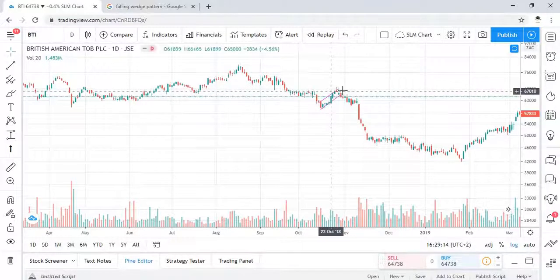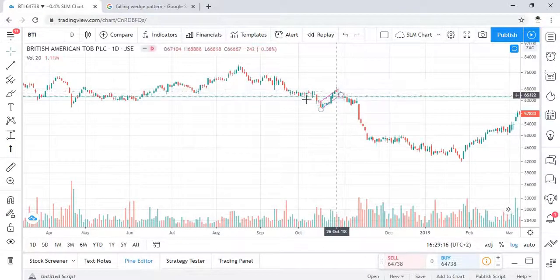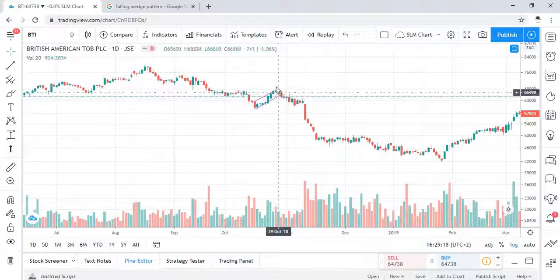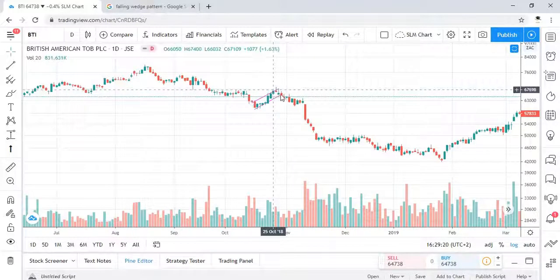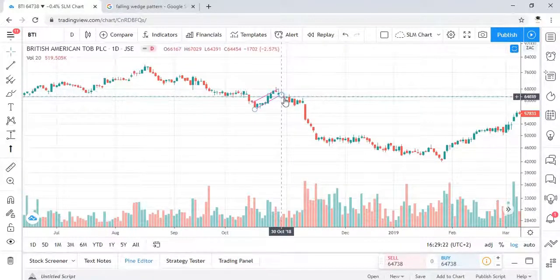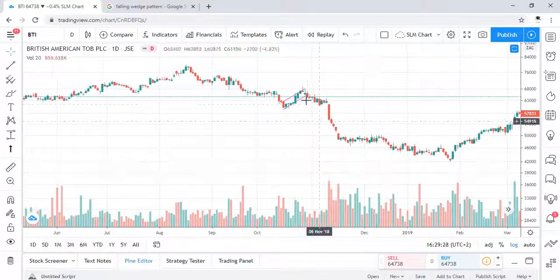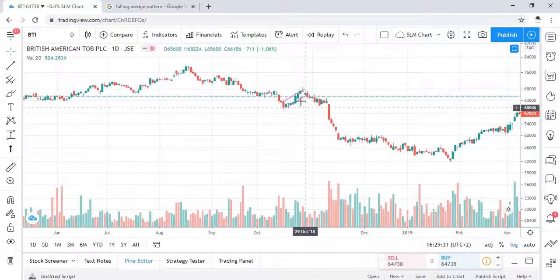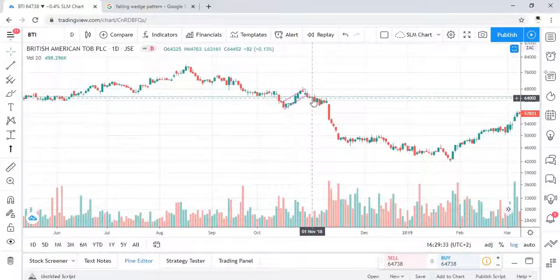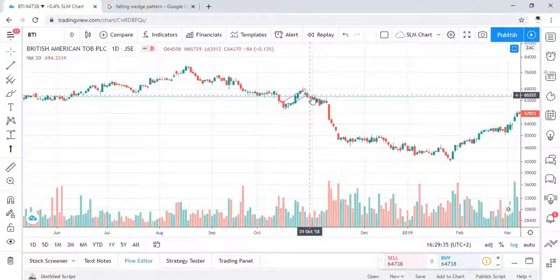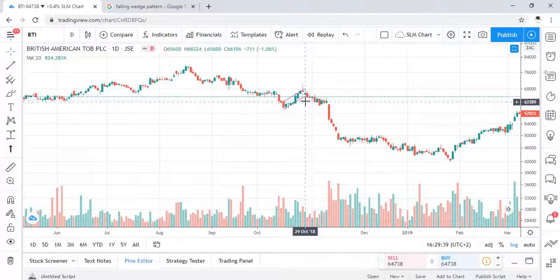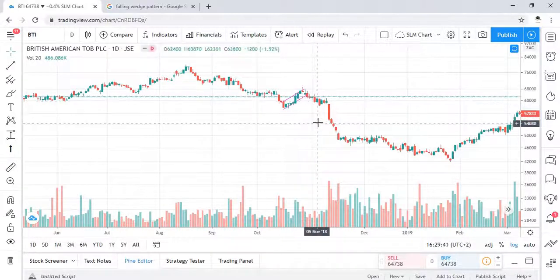And as soon as it reached this point of resistance, it formed a shooting star right there at the point of resistance. Then the price came and broke the bearish flag and it managed to move downwards nicely. So these are some of the things you can look for that will give you a good entry point where there is probability of higher profits and the losses are at a minimal point.